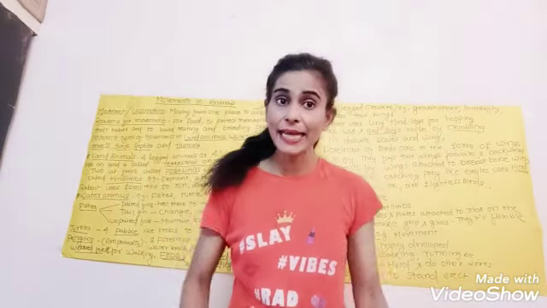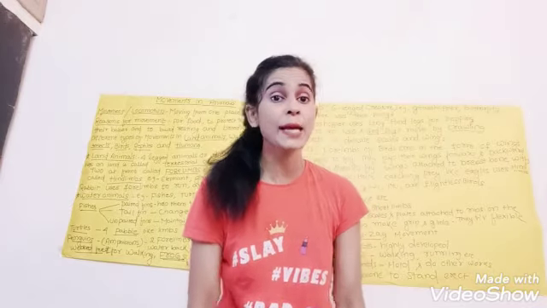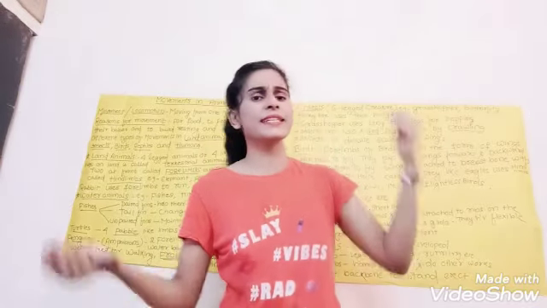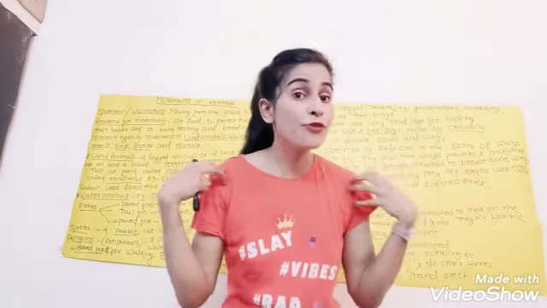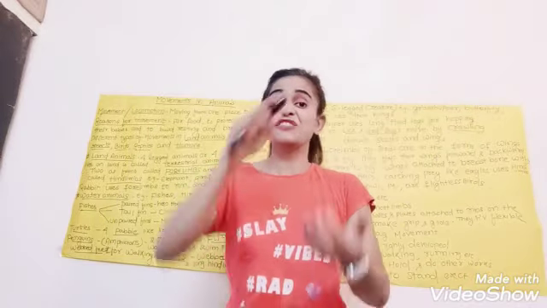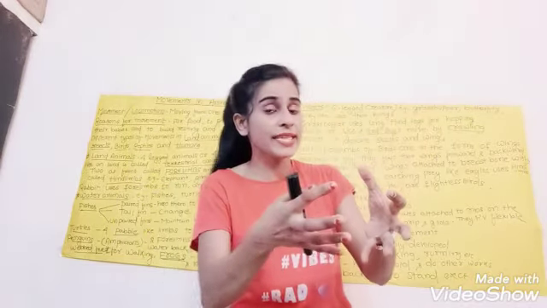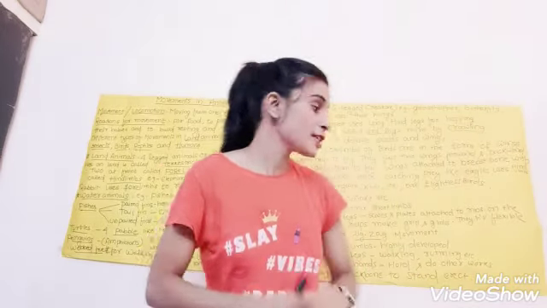Our hind limbs are legs, through which we can dance, we can walk, we can run. And our forelimbs are modified to hands, by which we can write, we can hold things, we can do a number of activities. Understood, my children?